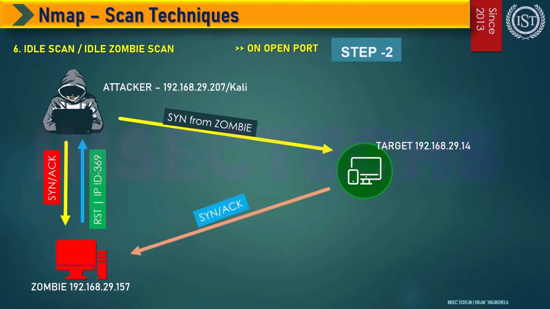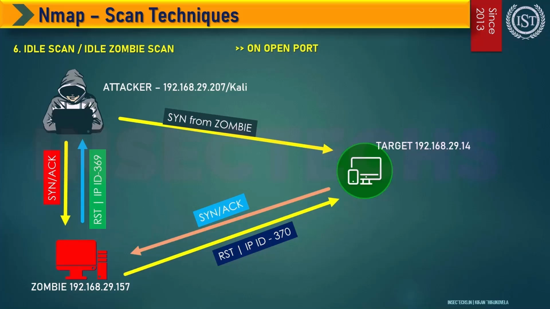Now the zombie will get confused because it got a SYN-ACK packet for the second time in a row. So the zombie thinks it is a bad day or it did not get coffee properly. It will again send a reset packet with an IP ID in the packet, and now the IP ID is incremented by 1, so the IP ID is 370. Now assume step 2 is completed.